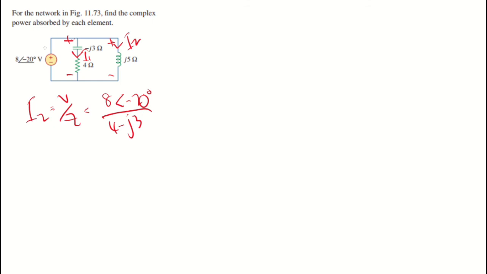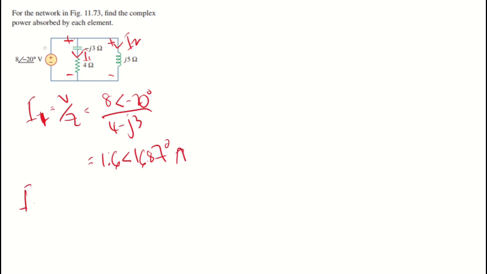From here we get I1 as 1.6 angle 16.87 degrees ampere.